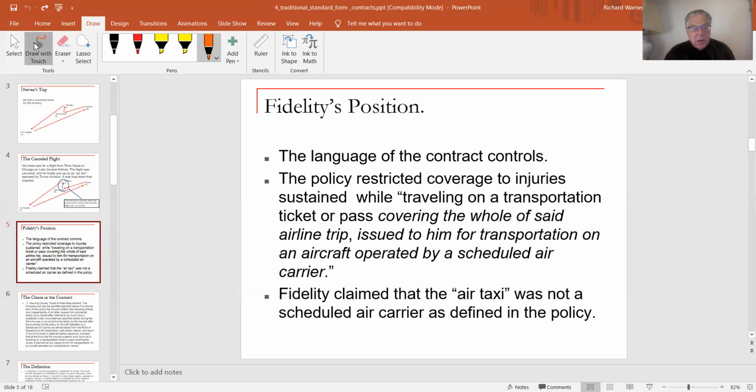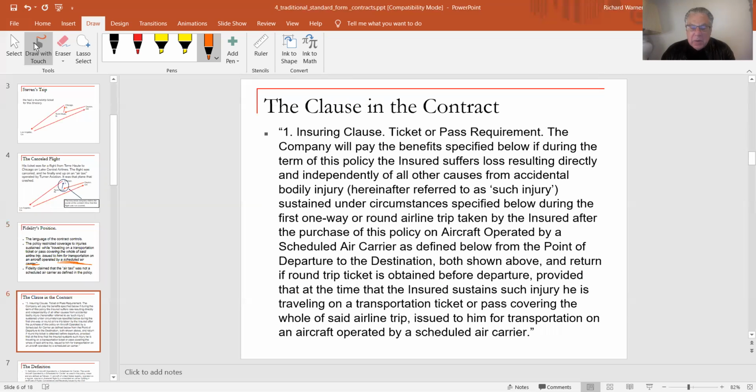That's the critical part of the contract. What they claim is that the air taxi, the charter, was not a scheduled air carrier as defined in the policy.